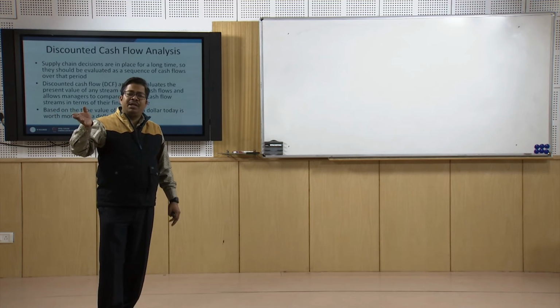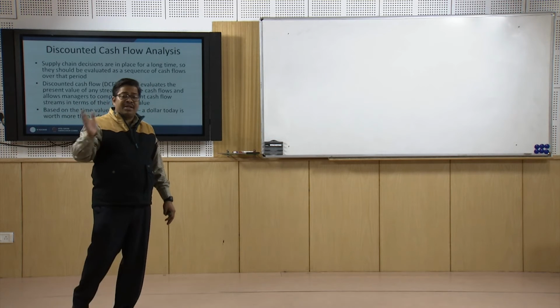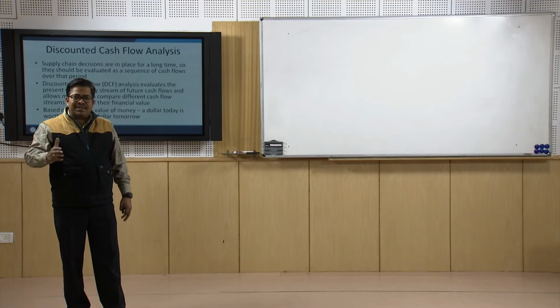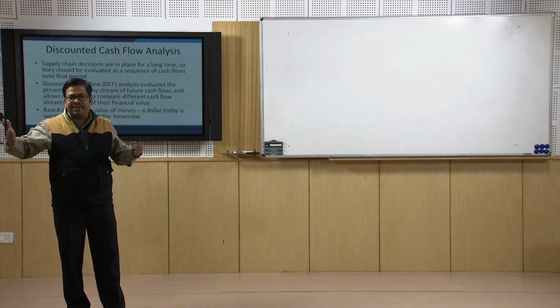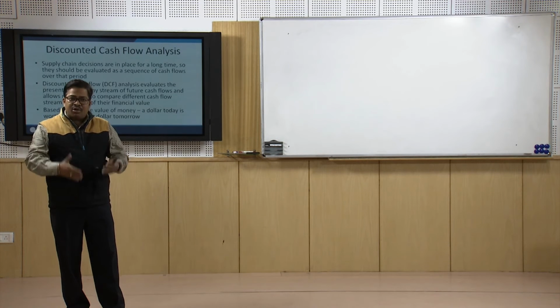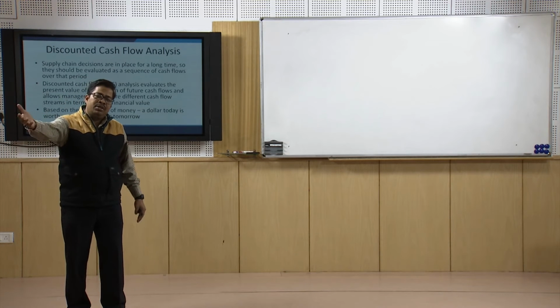You may be able to buy 900 grams, 800 grams of rice from that 1 rupee. So the purchasing power of that rupee has decreased by 100 grams or 200 grams over a 1 year span. That is the time value of money, that a rupee which is today in your pocket is more valuable than what you are going to get tomorrow.